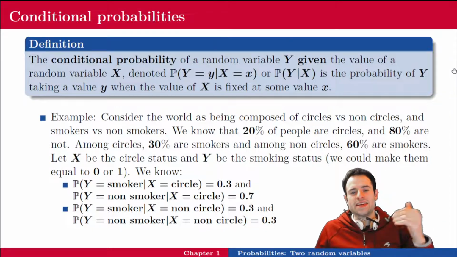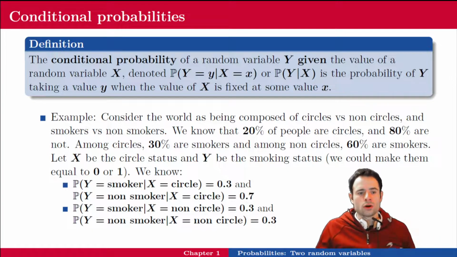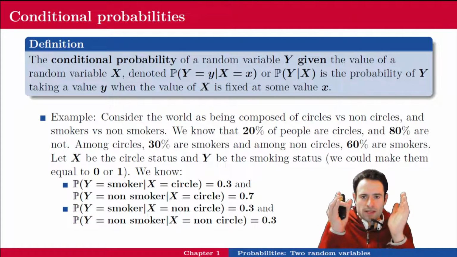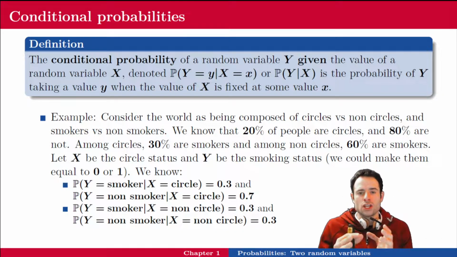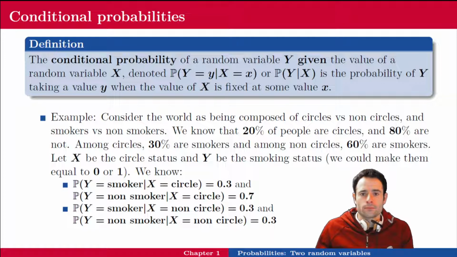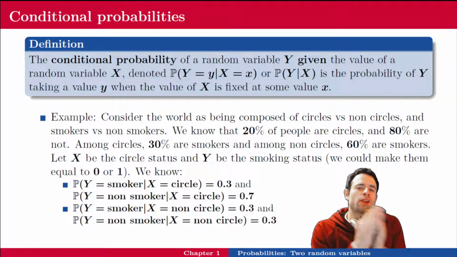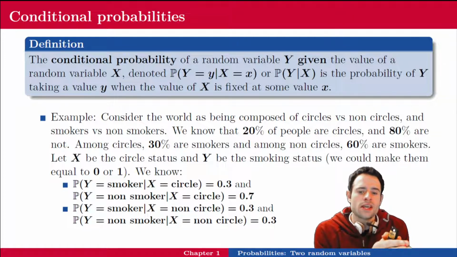So when I say given, among, or other terms like this, I am restricting myself to a subpopulation of people. Instead of circles and non-circles, you can think about men and women. Given that the next person I meet is a woman, there is a 30% chance it's a smoker.